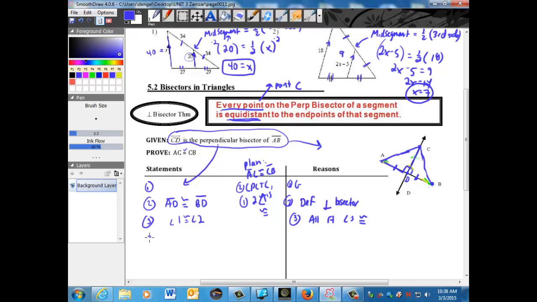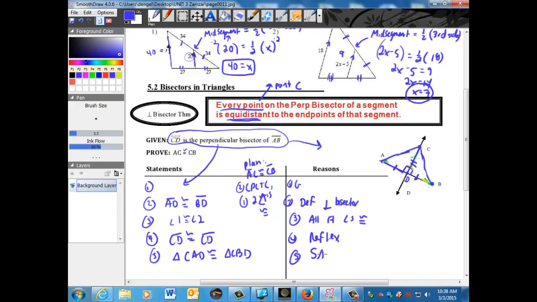And I can do that rather easily, because statement 4, we can say that CD is congruent equal to CD, and that's by the reflexive property. So let's put 2 marks here. And so now I can say that these two triangles are congruent. So triangle CAD is congruent equal to triangle CBD. And why is that?